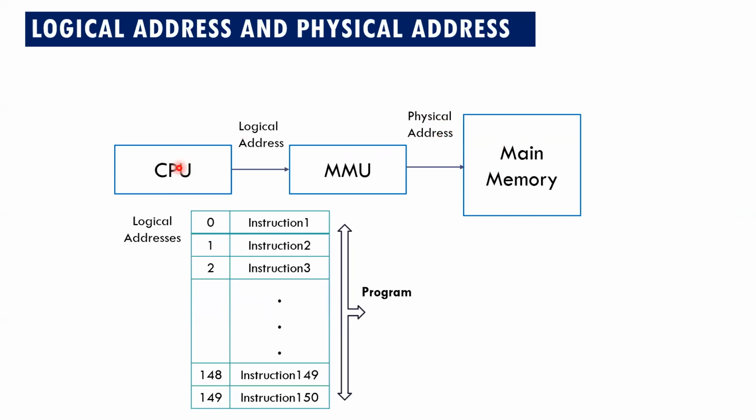Basically, the CPU generates the logical address, and once a program is loaded into the main memory, it has to be referred to using the physical address, because a logical address has no meaning within the main memory. Only when it is converted into the physical address can we access the instructions from the main memory.